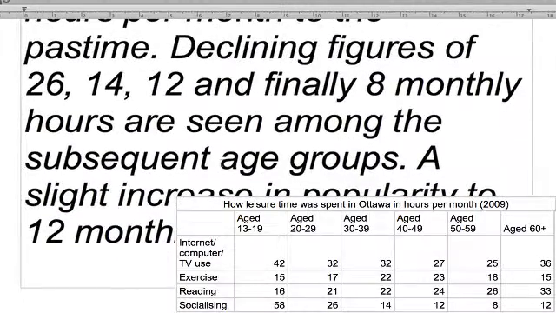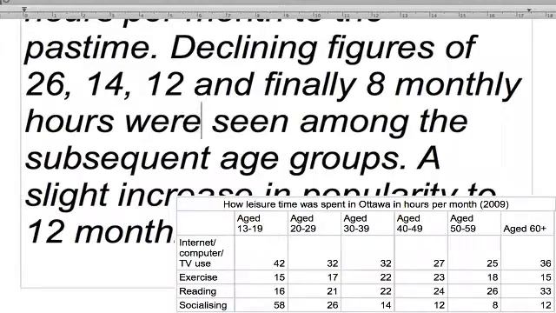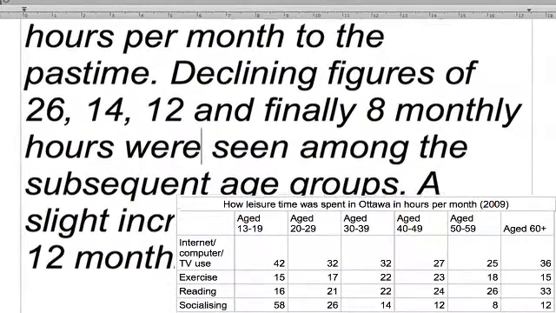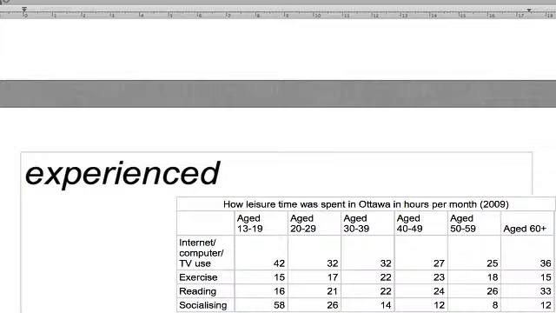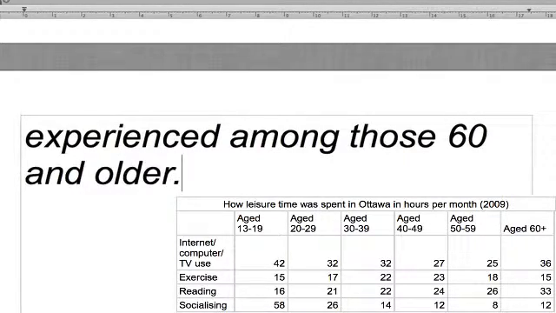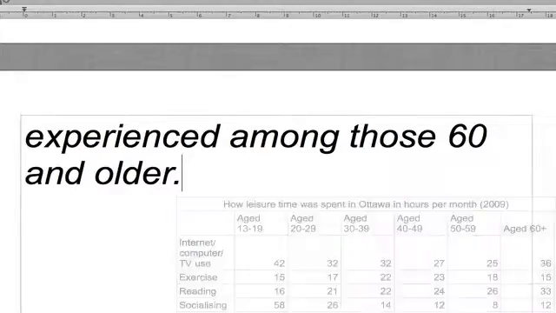Oh, I've got to be careful here. I'm switching tenses. We're seeing. I hope I didn't do that anywhere else. Okay. A slight increase in popularity to 12 monthly hours was experienced among those 60 and older. Okay, so I think here we've got a pretty good representation of the data.